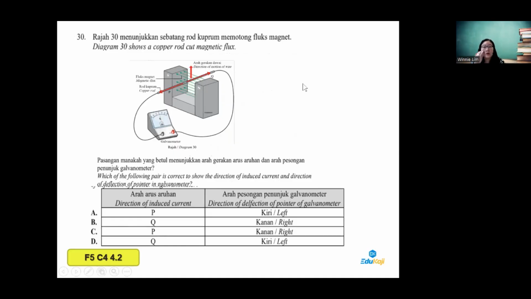Next one, Diagram 30 shows a copper rod cutting magnetic flux. Which of the following pairs is correct to show the direction of the induced current and the direction of the deflection of the galvanometer? To get the idea of electromagnetic induction, you need to use Fleming's right-hand rule. Same thing, you have FBI: force, magnetic field from north to south, and I is the current being induced. We want to know where our middle finger is.